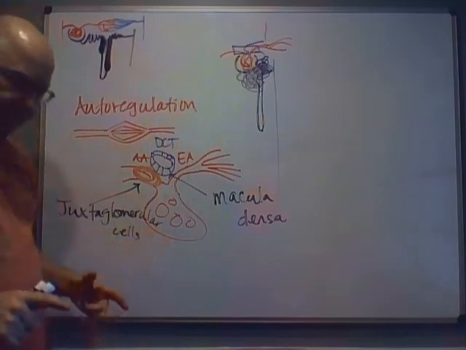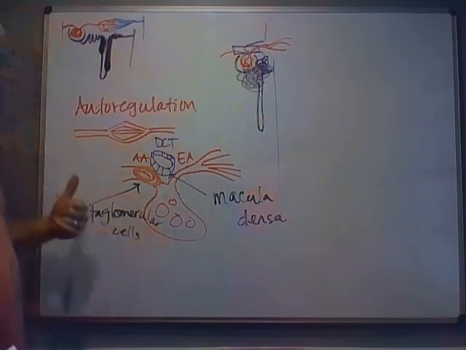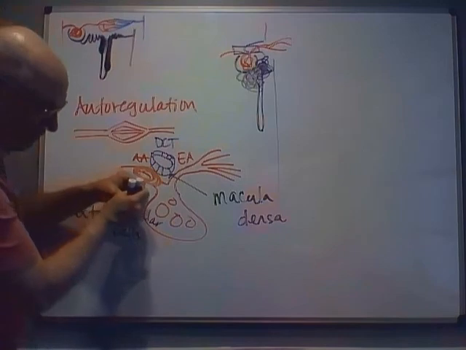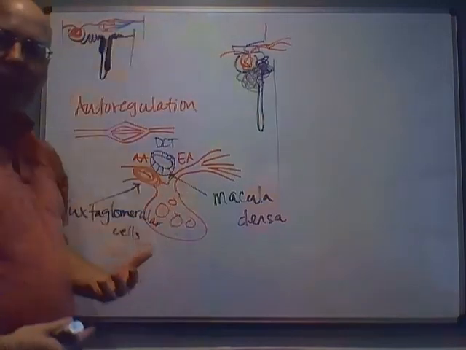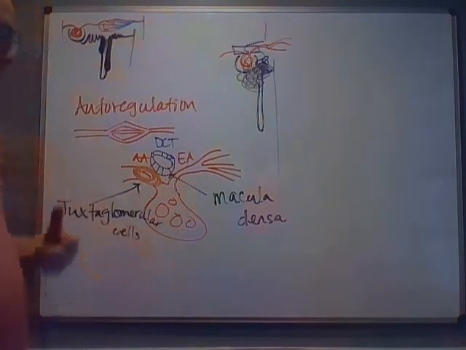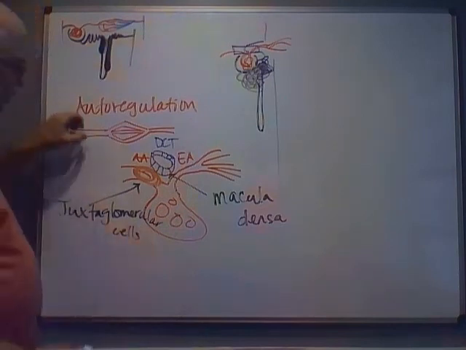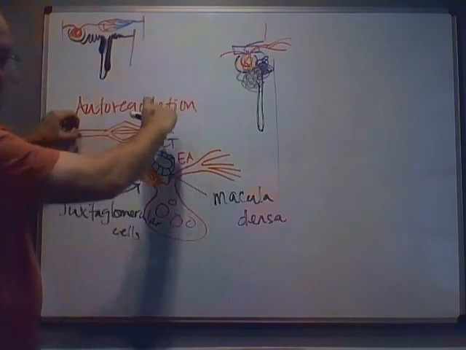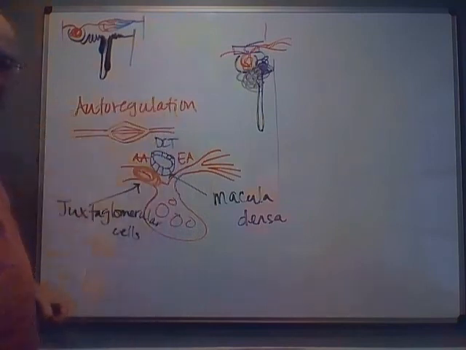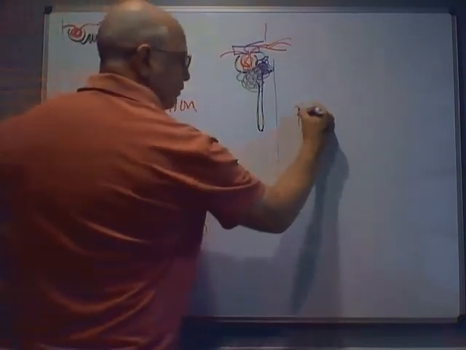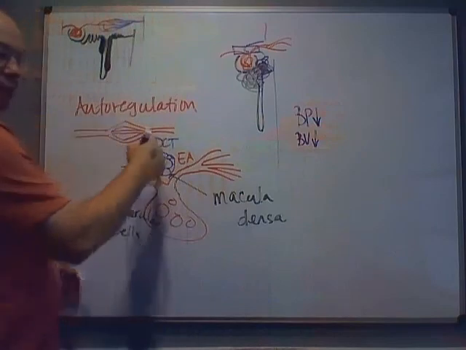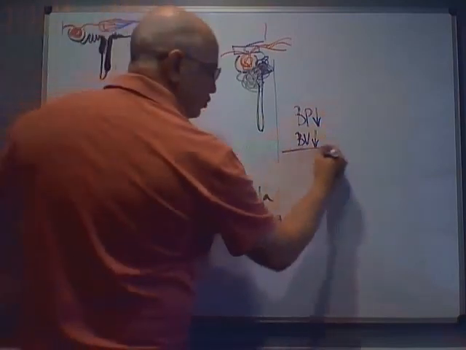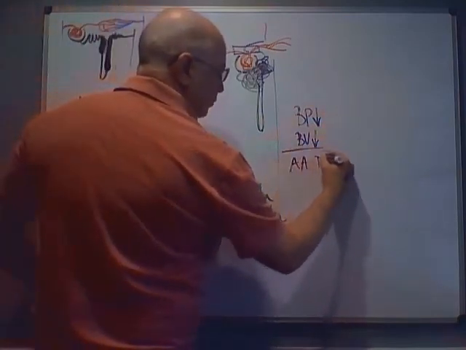Now, if blood pressure is too high, then I would be squirting stuff out of here so rapidly that it would fly through here and I would not be able to recall all the nutrients and ions. So I can constrict the afferent arteriole and dilate the efferent arteriole. Now, I did this for you a few minutes ago, and that's why we said if blood pressure is low and blood volume is low, then our glomerular filtration rate could drop, so the afferent arteriole will dilate.